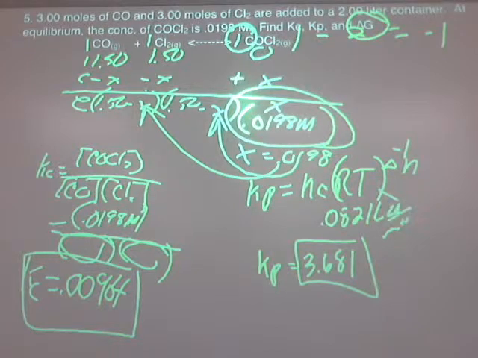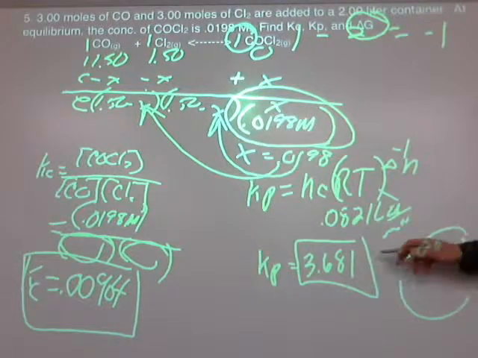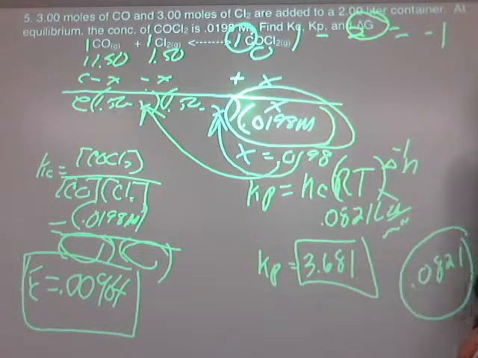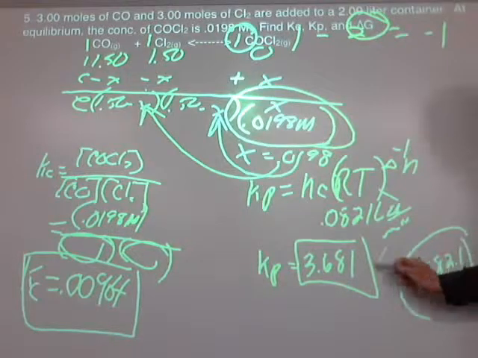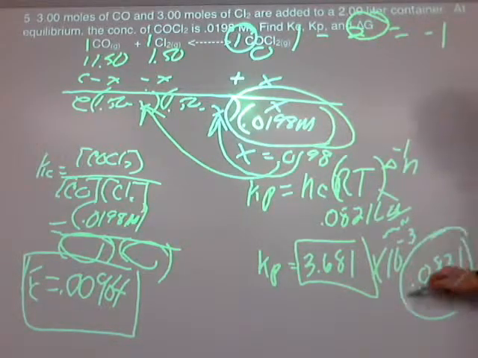So you divide: 0.00904 by 0.0821 times 298. You get 0.000369. It's times 10 to the negative third, you just forgot the times 10 to the negative third. So that's what Kp is.